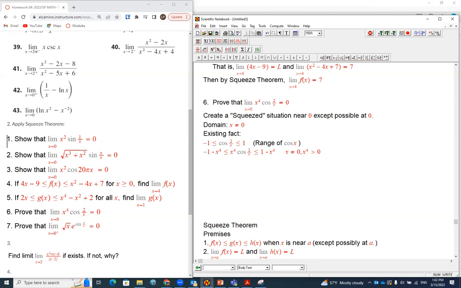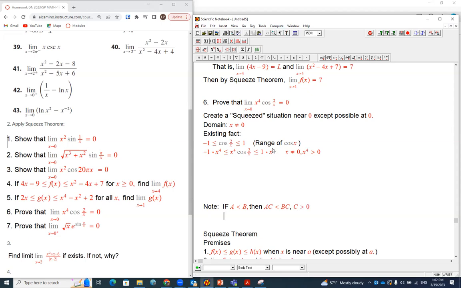Why can we do that? Well, in your algebra class, you probably have learned that if A is less than B, then A times C is less than B times C, provided that C is positive.